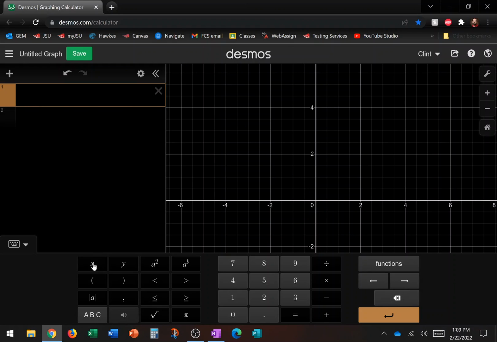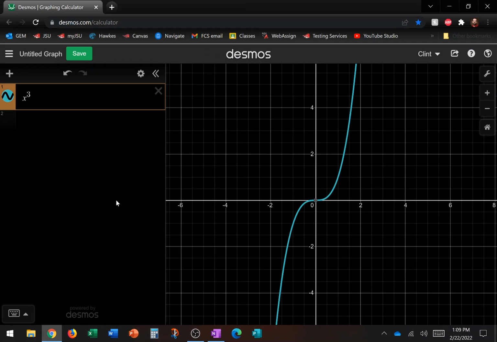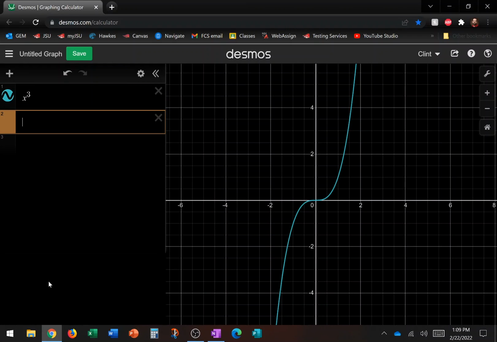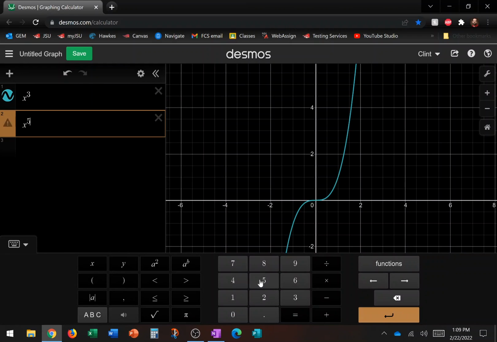Okay, so x to the third power, there's the one we just drew. If we do x to the fifth, still pretty close, right? Still basically that same shape. A little bit flatter. That's kind of the same thing that happened with the parabola.